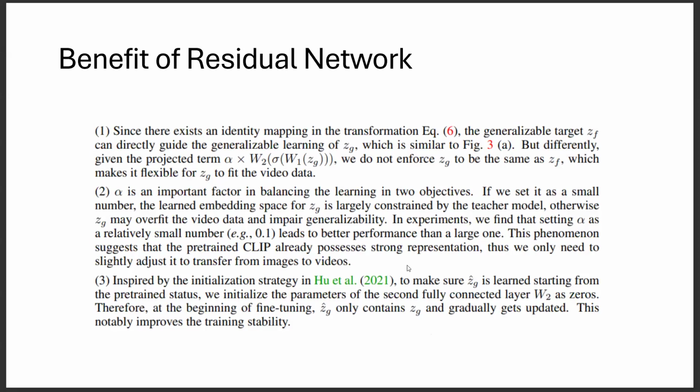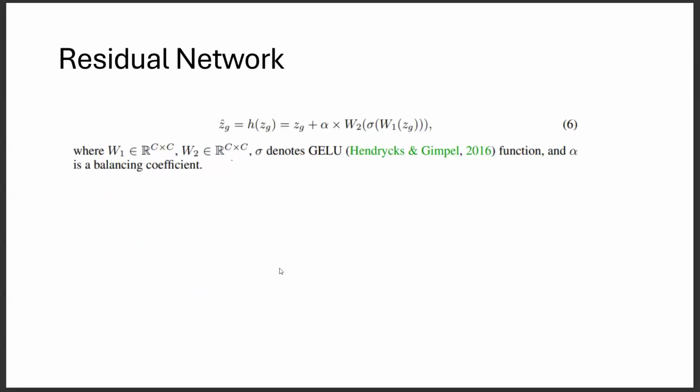This phenomenon suggests that pre-trained CLIP already possesses strong representation, so they just slightly adjust the student model from the teacher model. So basically, the student model is more or less generalized.